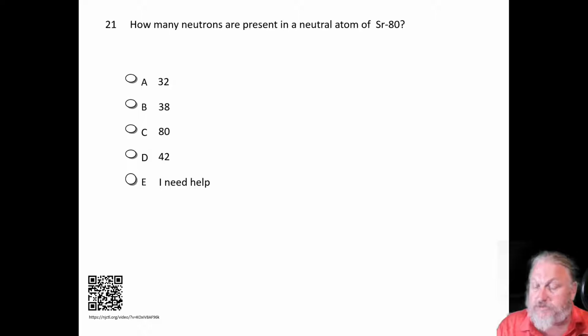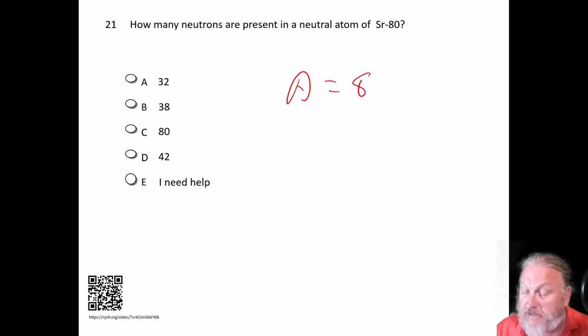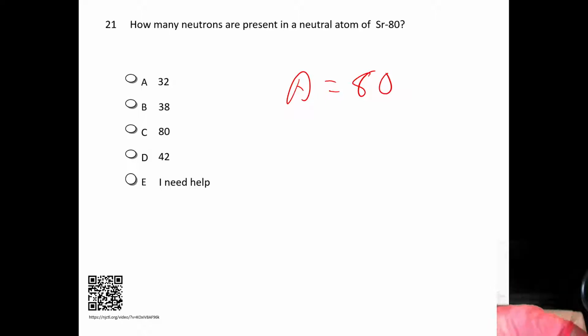So let's do some quick math and see if we can do this. How many neutrons are present in a neutral atom of strontium-80? Strontium-80. So we know that the A number is 80. Let me get my periodic chart here.